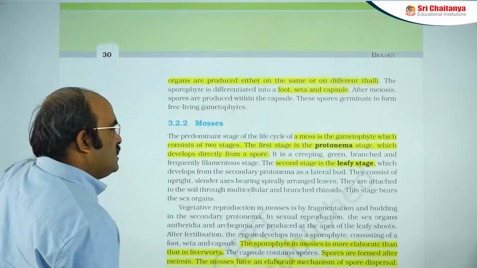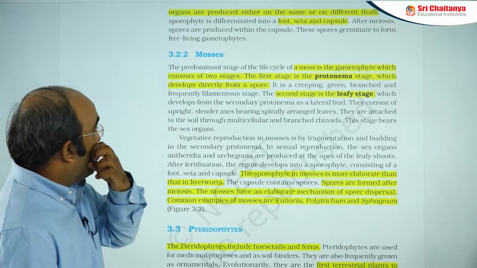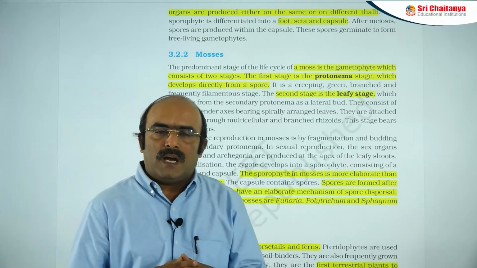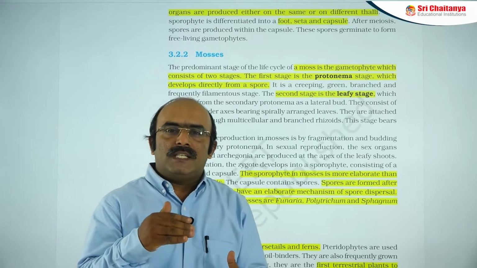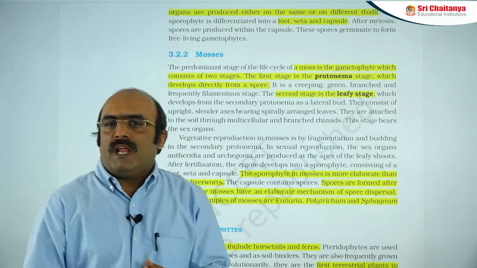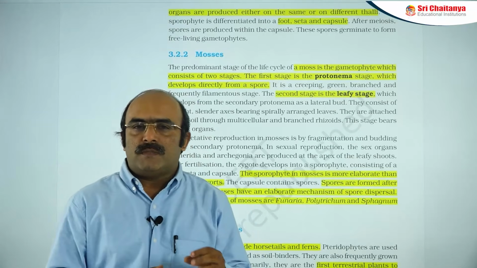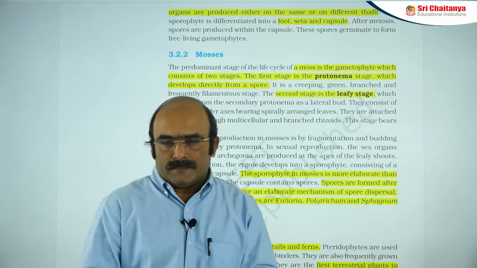Then the second group of typical plants in bryophytes is mosses. In the life cycle of a moss plant, there are two stages: the juvenile stage and the adult stage. The juvenile stage is filamentous and develops from the direct germination of a spore, which is called the protonema.